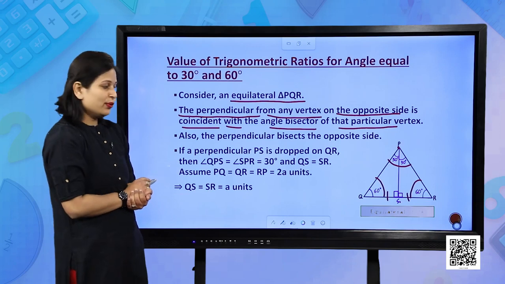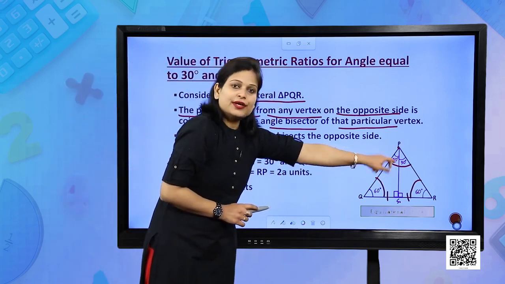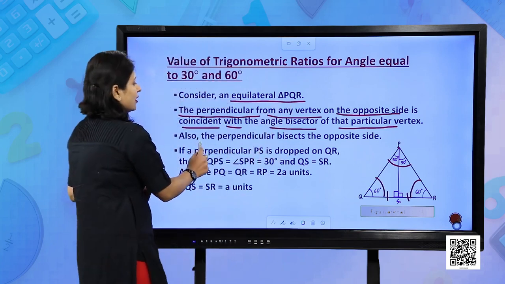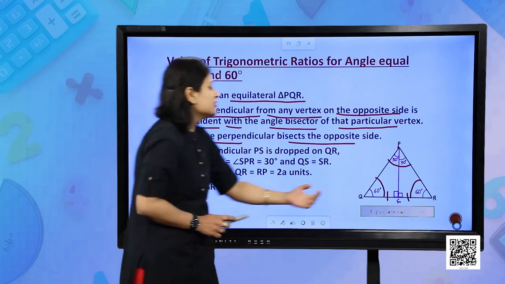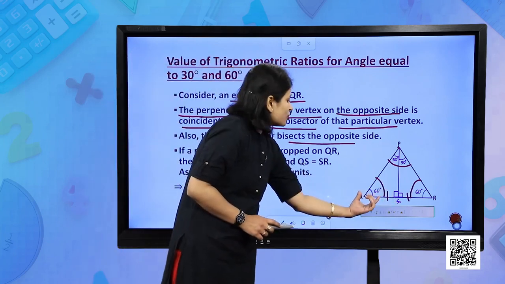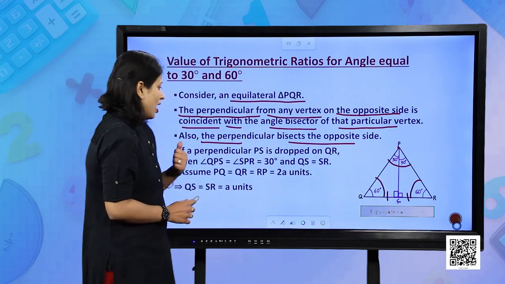As I have told you, these angles are of 30 degree and the perpendicular bisects the opposite side. Opposite side is QR, so it will bisect. So, QS is equal to SR.